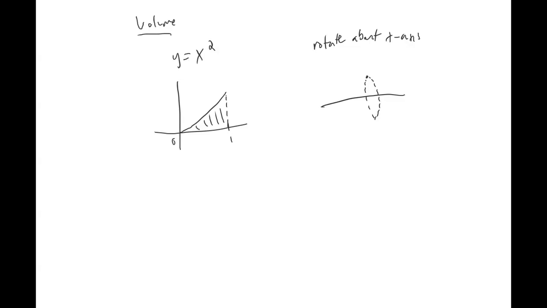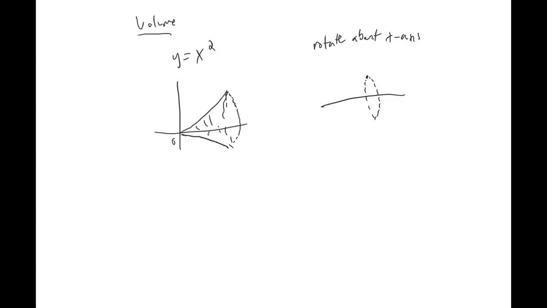So this is for a single point, right? Here we're doing it for every point in this region. Any point here makes a circle. So the overall shape is, this point here would be the biggest circle, and then smaller and smaller, and it would form a cone.